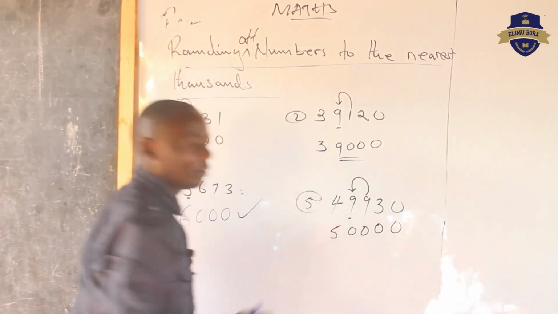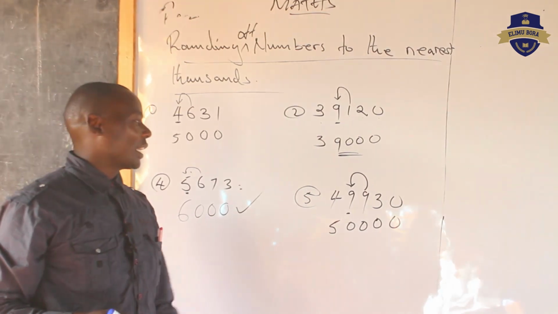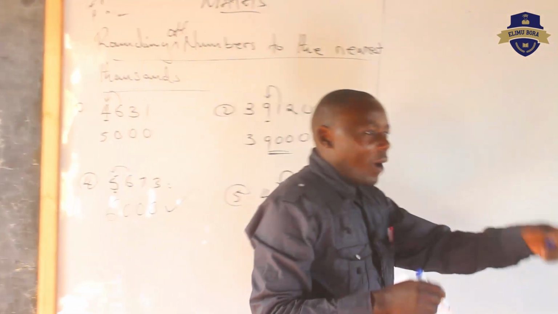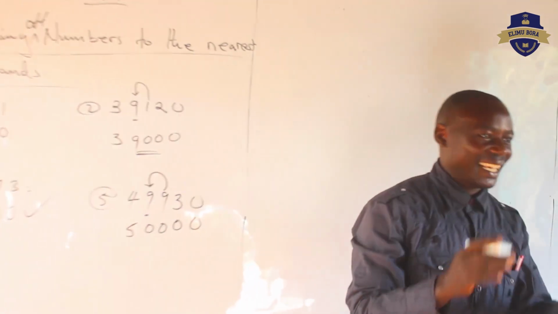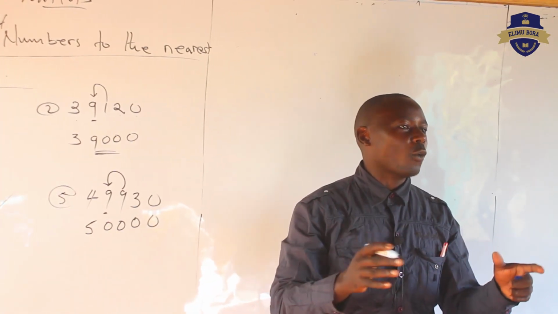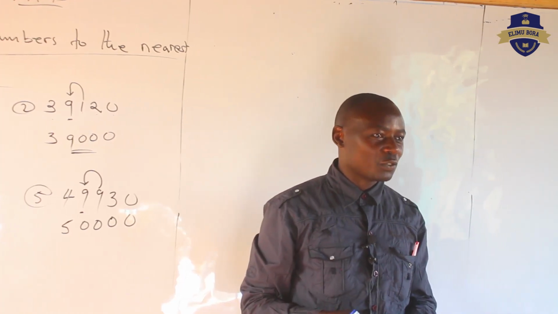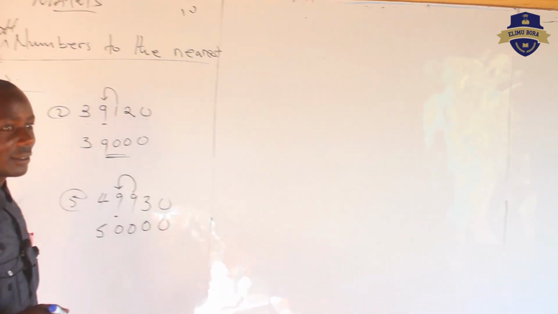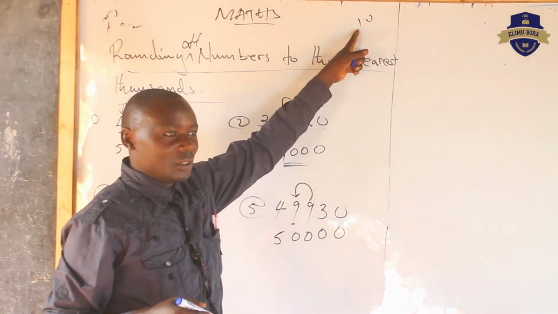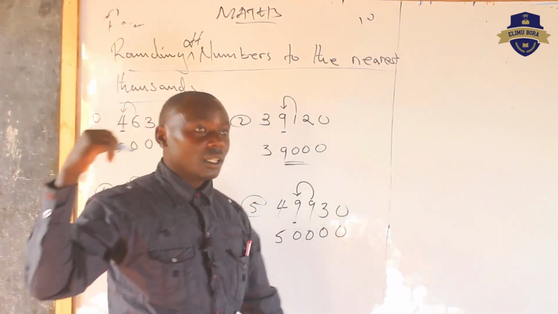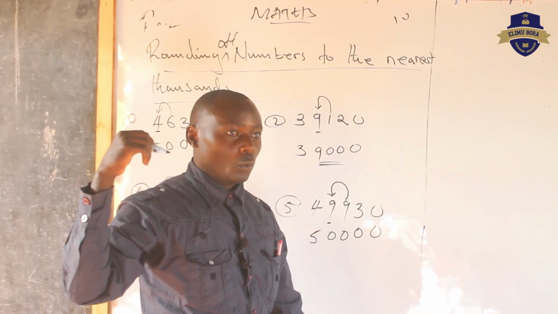So in the case of 9, once you add 1 to 9, it becomes 10. And you cannot have two digits in one place value. When you write 10, those are two digits, ones and tens. So make sure you write 0, then carry 1.